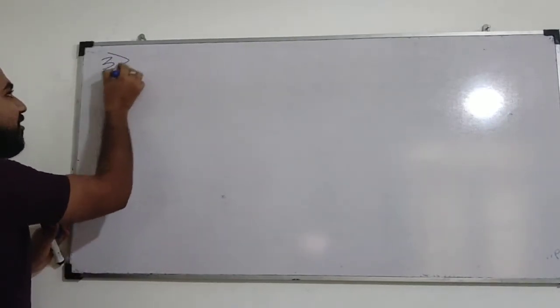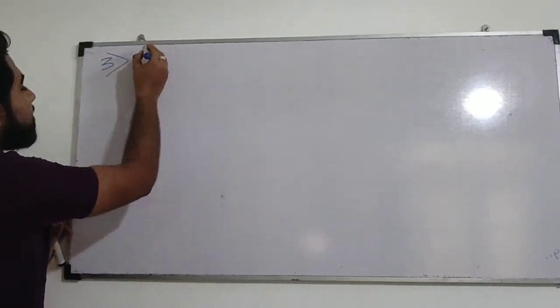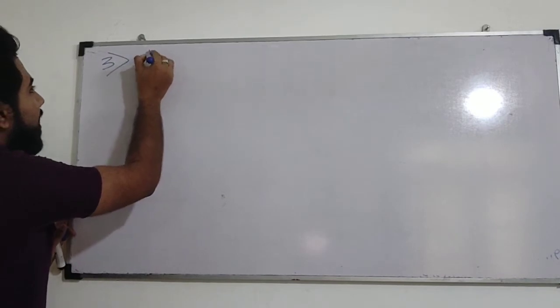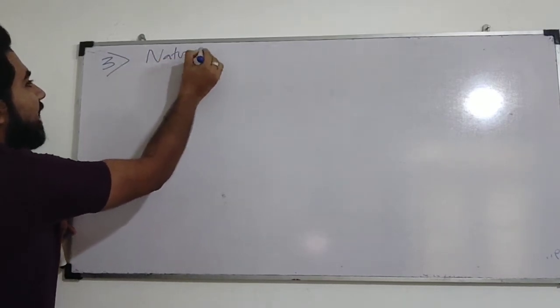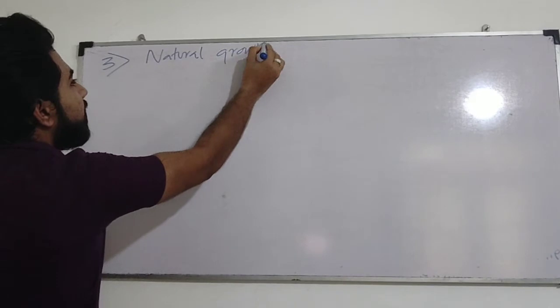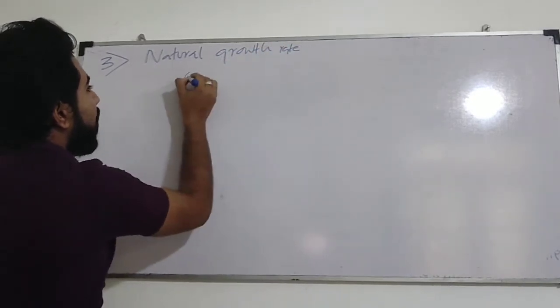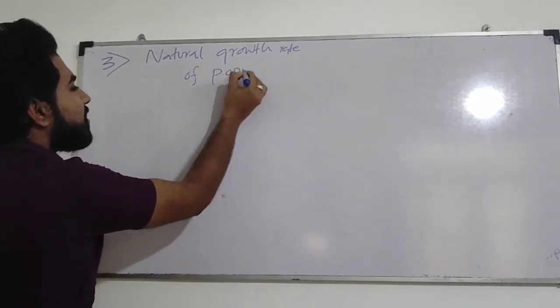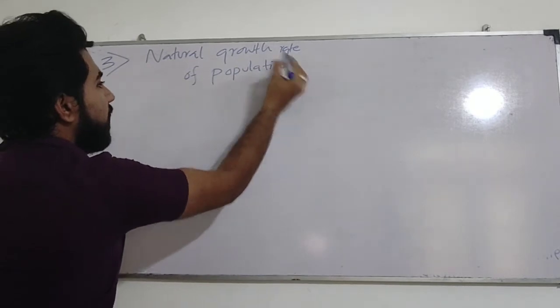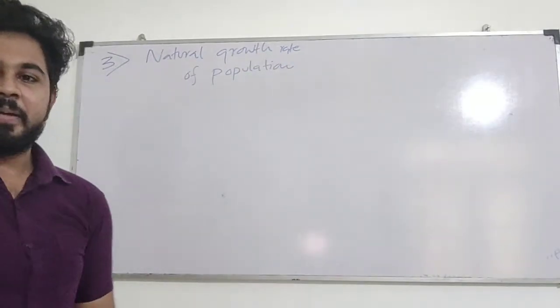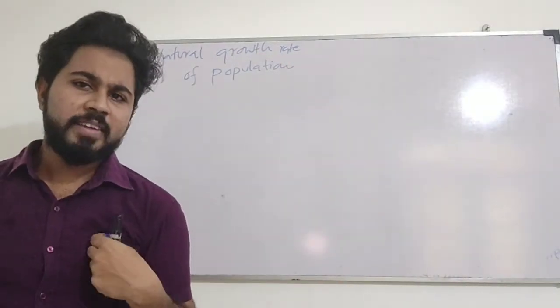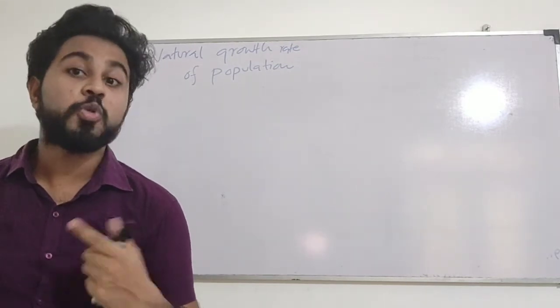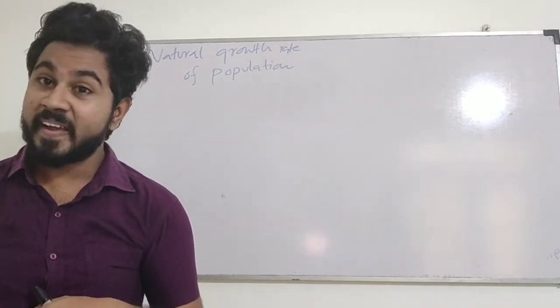Right, very interesting part. We call it natural growth rate of population. Natural growth rate of population. Right. My dear students, how can we calculate this natural growth rate of population? Okay.